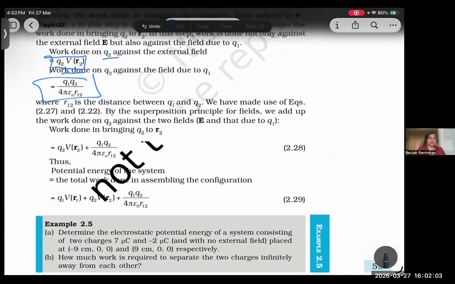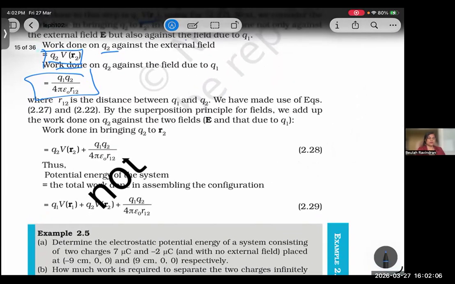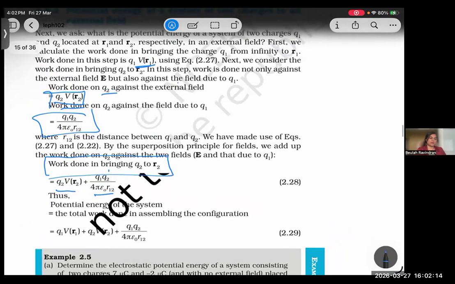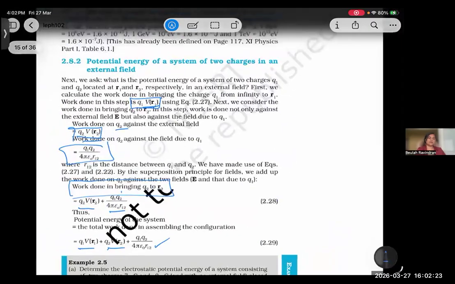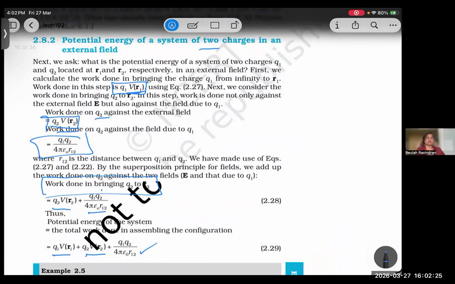Then you should add these two, Q2 V of R2 plus this one. So this is the work done in bringing Q2 to R2. So the total potential energy of the system will start from Q1 V of R1 plus Q2 V of R2 plus, and it goes on like this. Like this, you can write for a system of 3 charges, system of 4 charges.